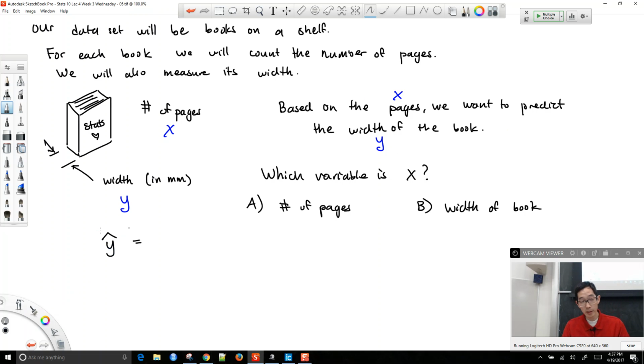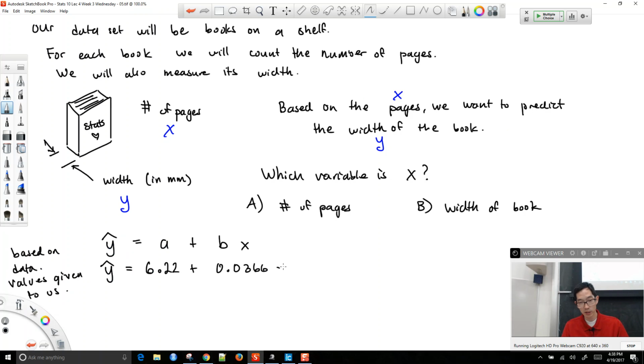When we make our regression equation, it's y hat equals a plus b times x. The numbers have been calculated for us, based on the data, with values given to us in the textbook. This example comes from the textbook. It says y hat is equal to 6.22 plus 0.0366 times x.